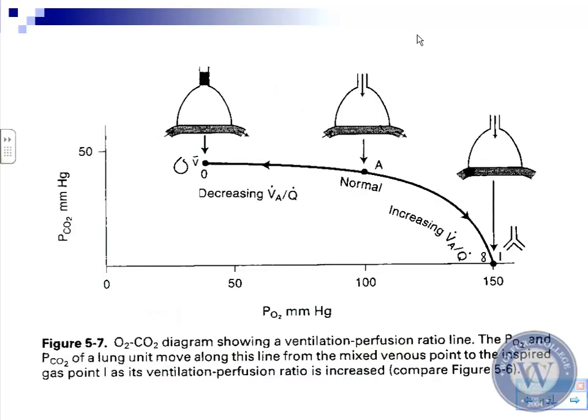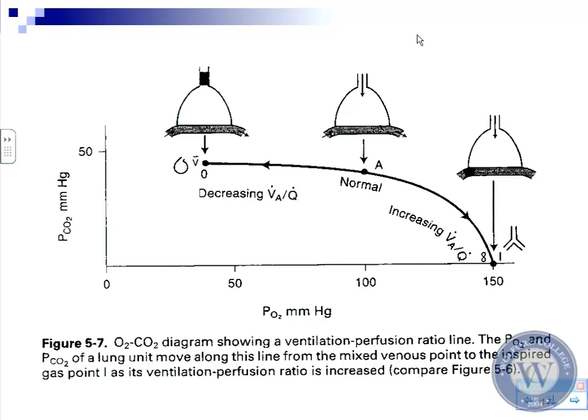So what you see in these different situations is different VQ ratios, which will cause differences in the blood gas values in that individual. Under normal circumstances, you're at point A, your normal PaO2 is around 100. This is for room air at sea level with an FiO2 of 21%.